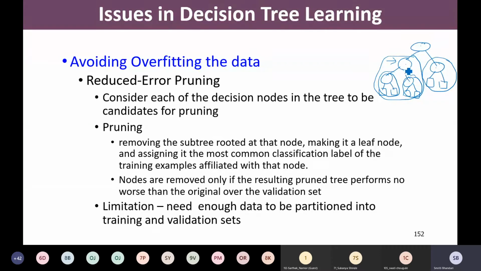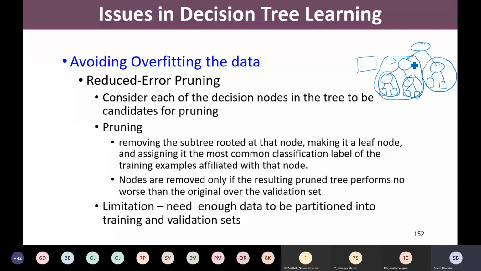So if we decide to remove this subtree, then we are going to remove this entire subtree, and at this place we are going to put a leaf node. Instead of this entire subtree, we put a leaf node, and in that leaf node, the most common classification label available in the subset of the data set. We have a subset of the data set at every decision node.